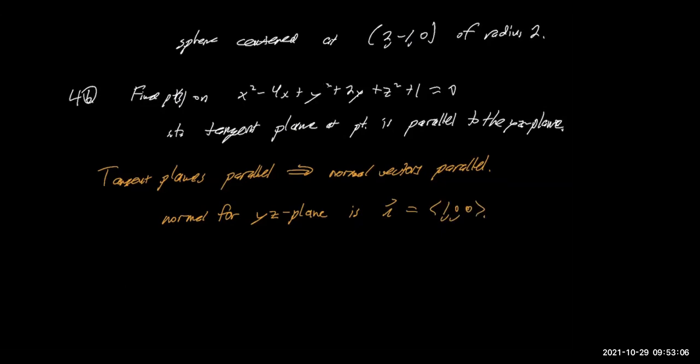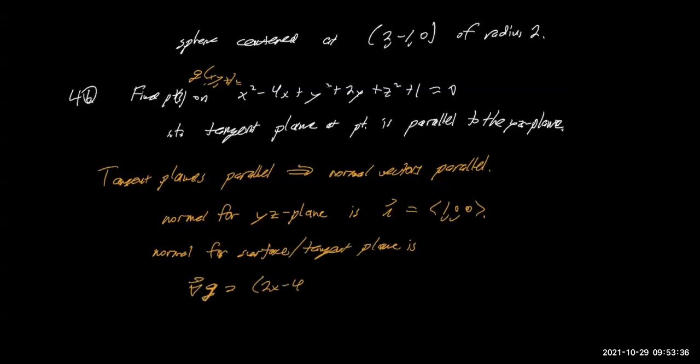The normal for the tangent plane is given by the gradient, right? Again, if we call this function up here G. So the normal for the tangent plane, which is really the same thing as the normal to the surface, is the gradient of G, which is 2x minus 4, comma 2y plus 2, comma 2z, like that.